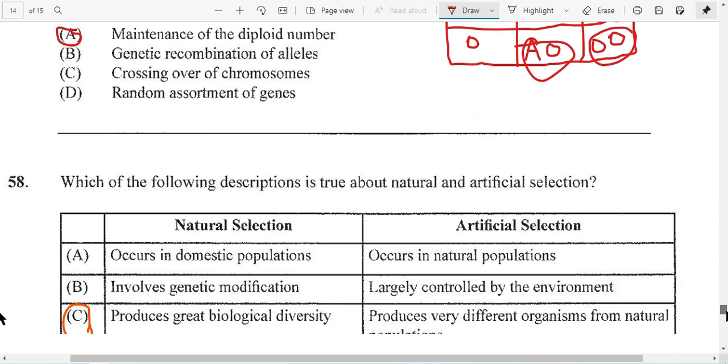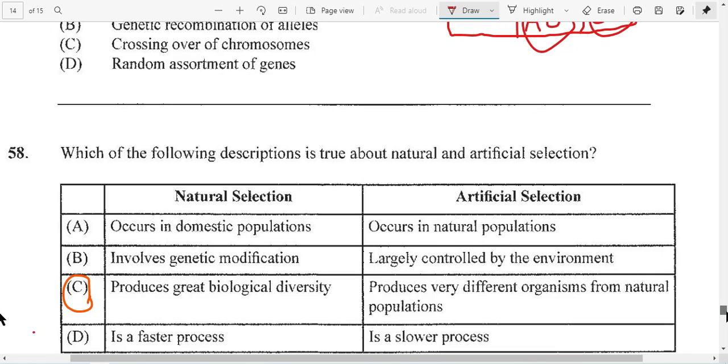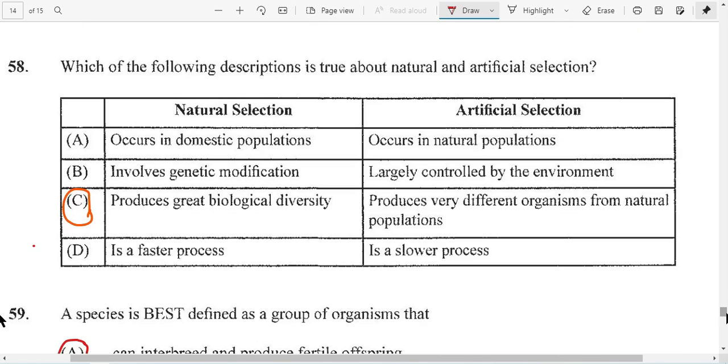We move on to question number 58. Now we're going to be just hopping on right down to the answer, as it is pretty much textbook. It reads, which of the following description is true about natural and artificial selection? Now in natural selection, we're going to produce great biological diversity as seen on the Galapagos Island with the study of the finch.